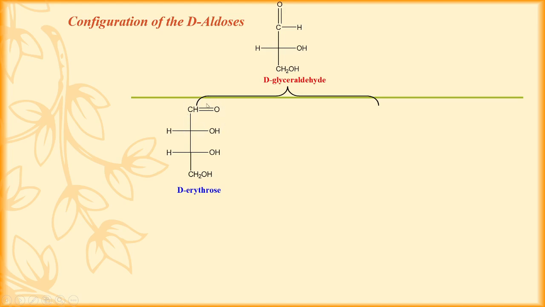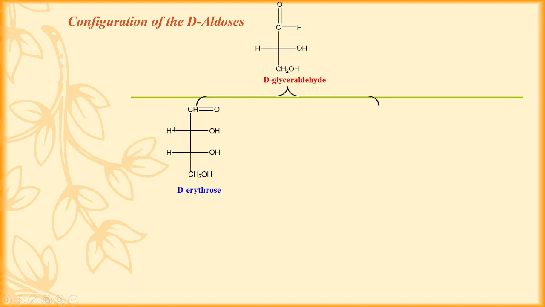The other moiety remains as it is. That means we only add this functional group, that is the OH, and this is the structure for D-erythrose, that is the tetrose sugar.